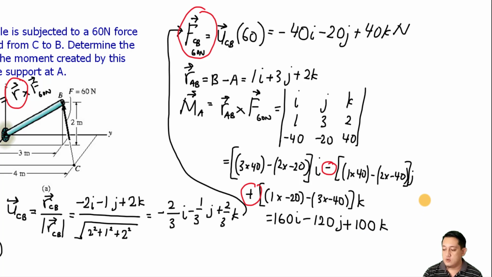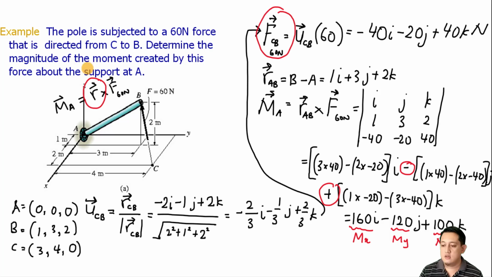So 160i is MX, this one is MY, and this one is MZ. Let's look at the question again. We need to determine the magnitude of the moment. This one is not a magnitude, this one is a vector.